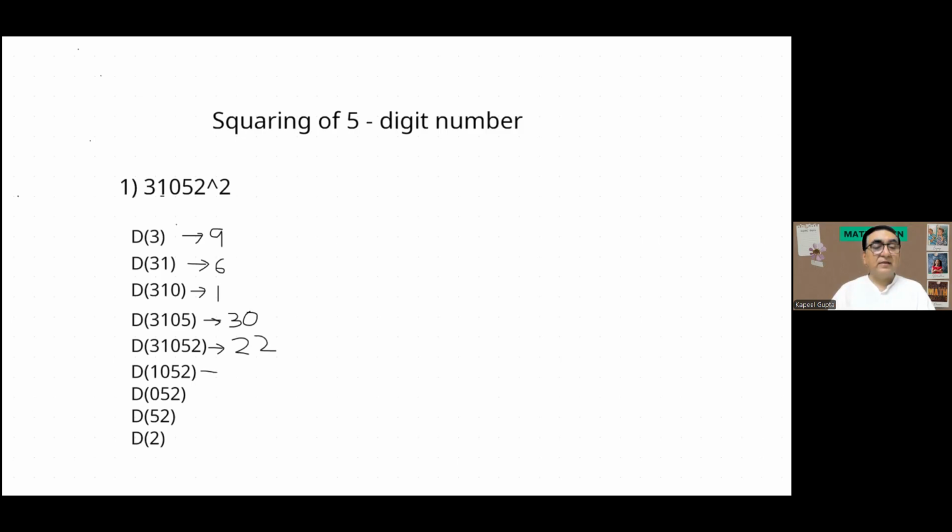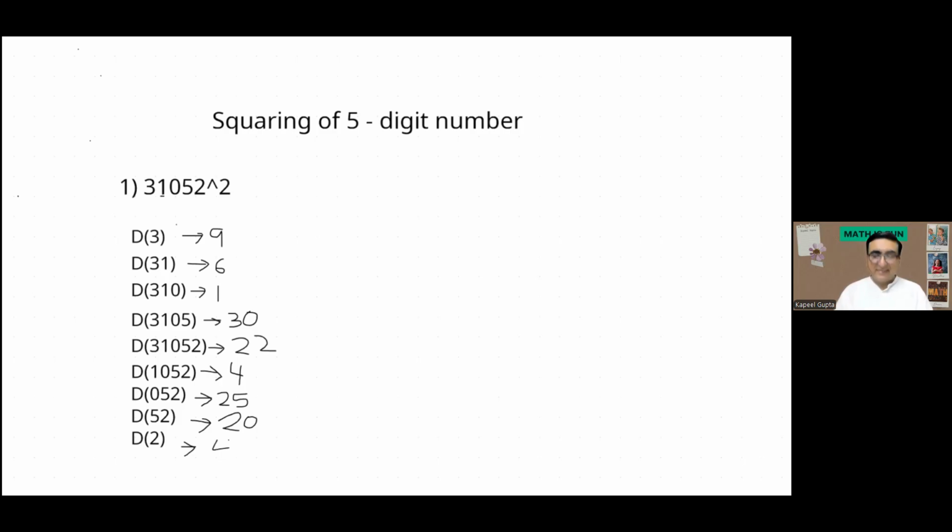Then again, I'll be multiplying 1 and 2 and doubling it, so 1 and 2 is 2, doubling it makes 4, and anything multiplied by 0 is 0, so the answer is 4. Then 052, once again, 0 multiplied by 2 is 0. We have to find the 5 square, that is 25. Then 5 twos are 10, doubled is 20, and then 2 square, that is 4.